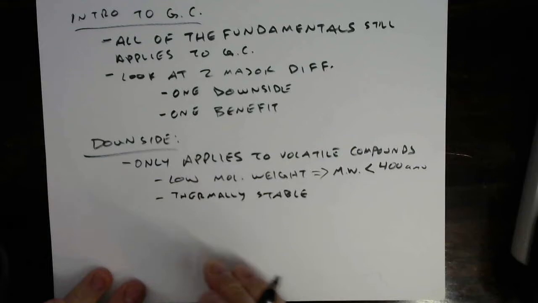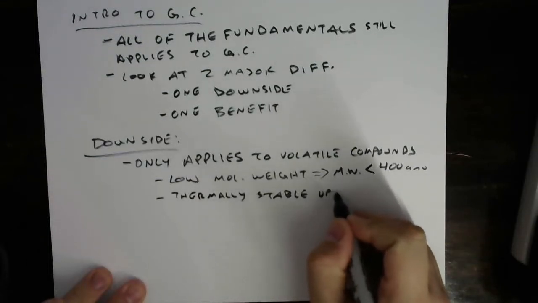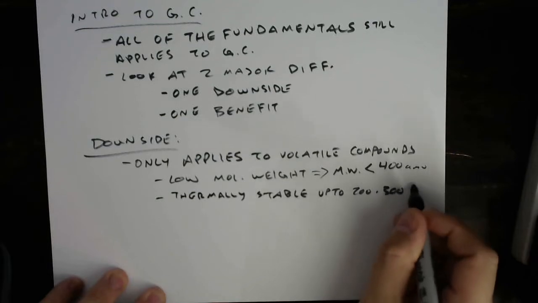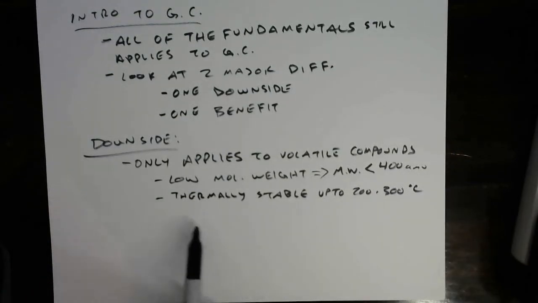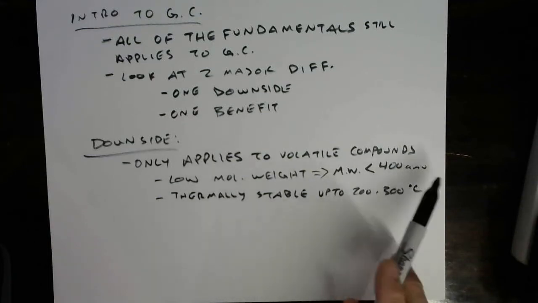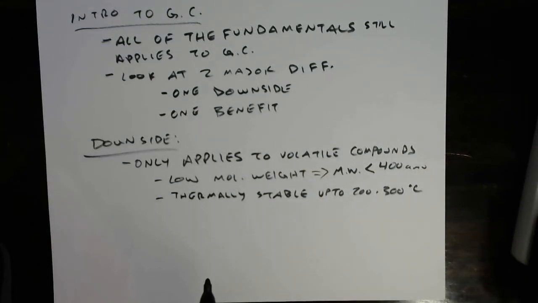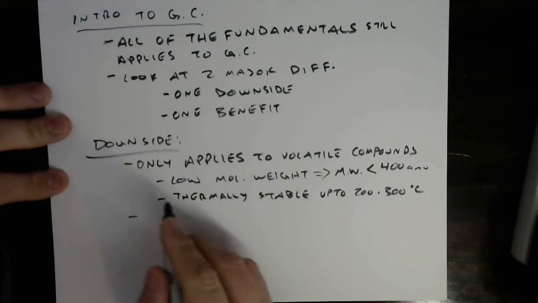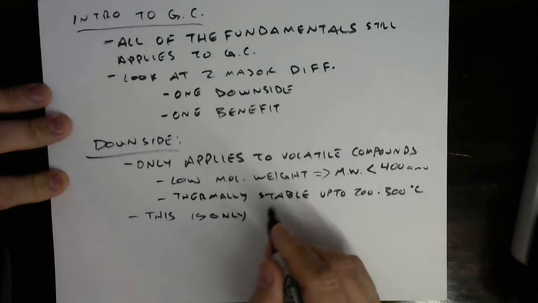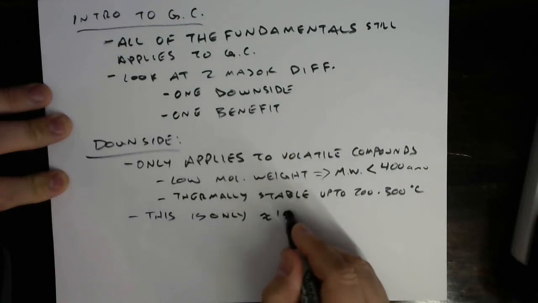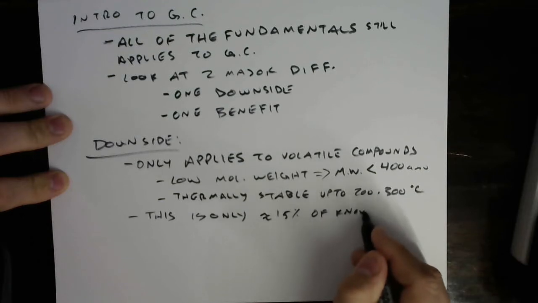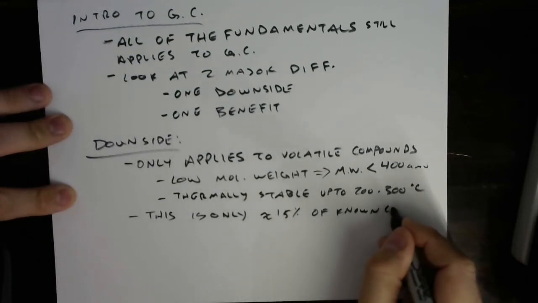It's not uncommon to see temperatures up to 200 to 300 degrees C involved here. So we're talking about really thermally stable. You need to be able to heat your molecule up to these kinds of temperatures before it falls apart. And so this really is only something like 15% of known compounds.